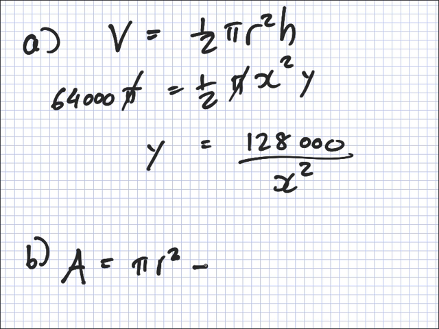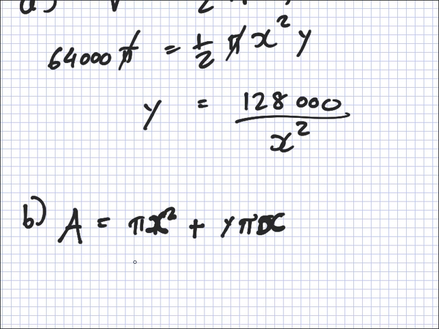Plus, you have a rectangle, and the rectangle is y by pi x, the area of the curved part. R is x, x here and x here.